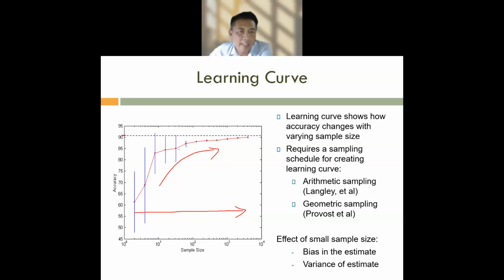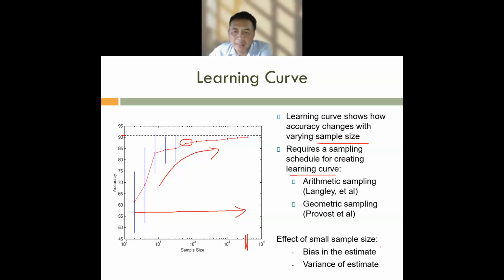Just enough to get the best accuracy, because we do not want a bigger sample size, since it will increase the training time. So we want to be somewhere here. This is what we call the learning curve, which shows how accuracy changes with varying sample size. This requires a sampling schedule for creating the learning curve.